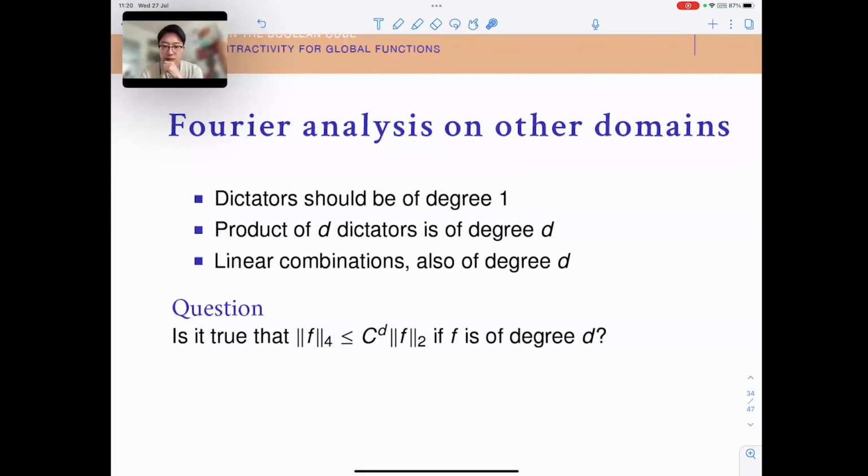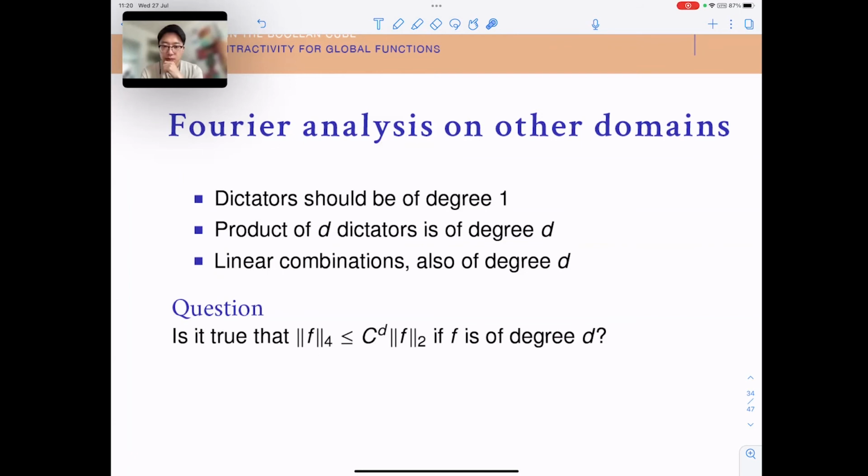You need a product of d dictators to be of degree d, and linear combinations of products of d dictators should also be of degree d. Once you have that, you can define the space of degree at most d functions to be linear combinations of products of d dictators. Then the degree of f is the largest d for which f is of degree at most d.